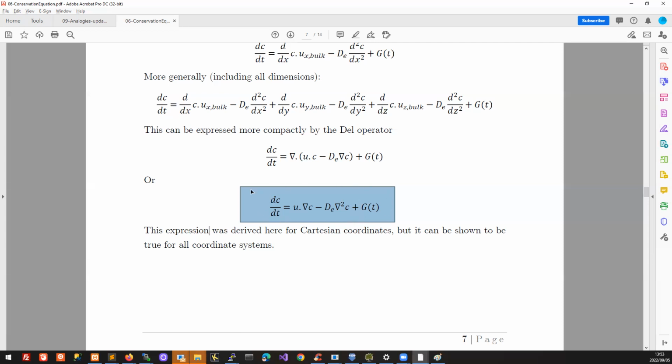So this equation is general, it applies always, and it's got all the concepts that we want. So we have convection going on, we have diffusion going on, and this G term is more for if you have, for example, reaction or something like that. We didn't really deal with this, so just ignore this G part now.